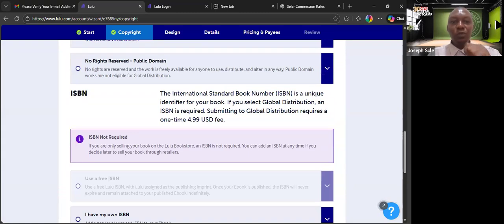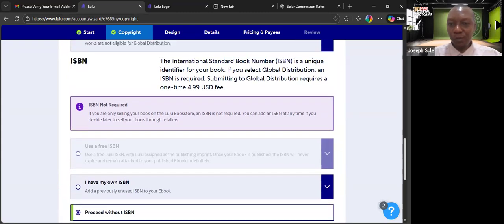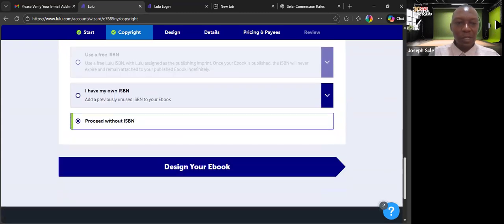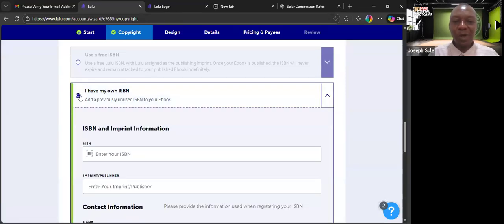But the thing is this, on Lulu, if you are publishing on Lulu's site, you do not require an ISBN. However, if you go for the global distribution, you need an ISBN. Okay? You need an ISBN for that. If you even have your own ISBN, there is a provision for you to enter it. You don't have to tell Lulu, give me an ISBN.